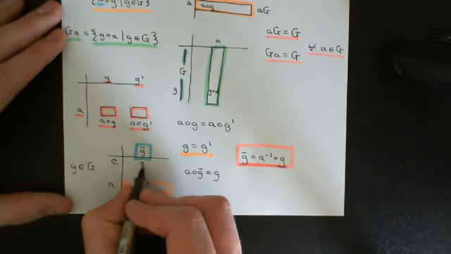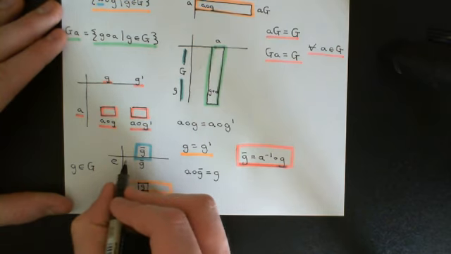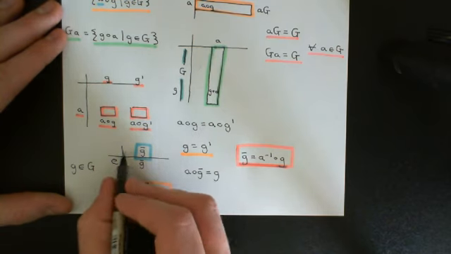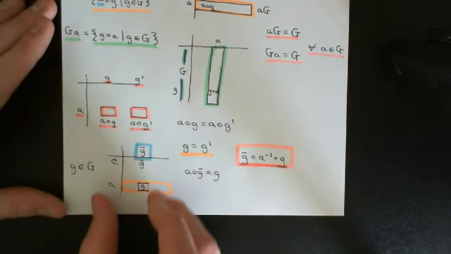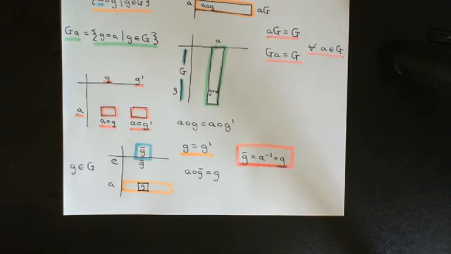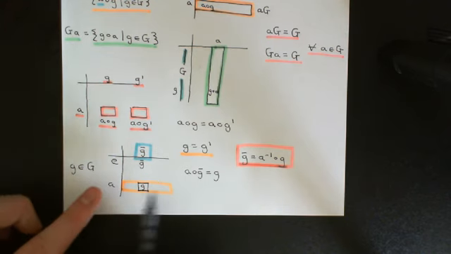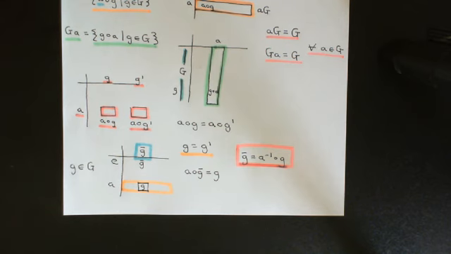It takes all elements of the group to themselves, so you'd get a row which contained the entire group, just translated down a bit. But now we've proven that this is the case for every other element of the group, that all of these rows contain every element of the group once and only once. That's going to be a really important understanding for us to develop Cayley's theorem, basically.